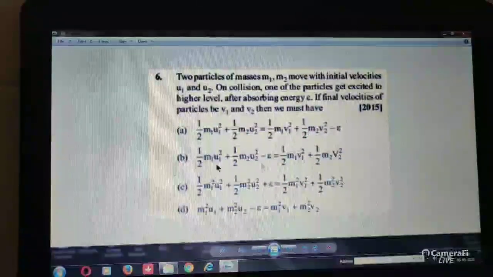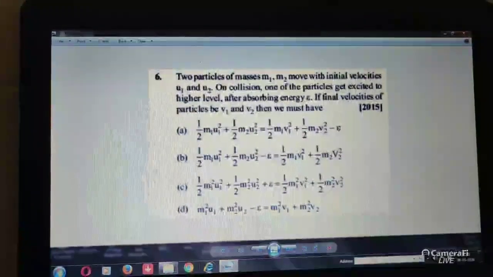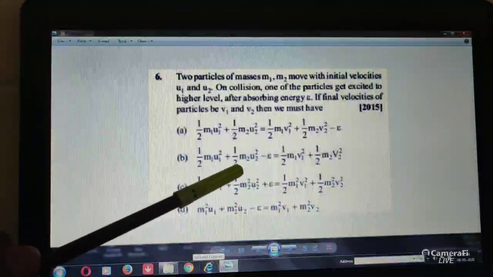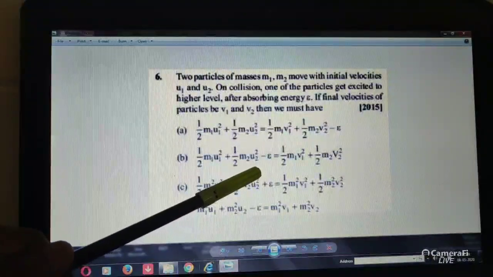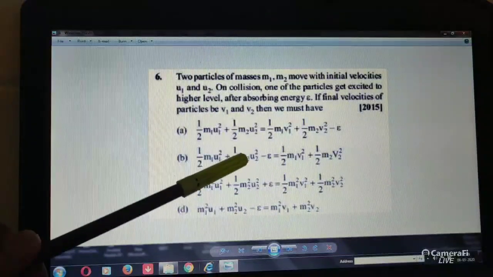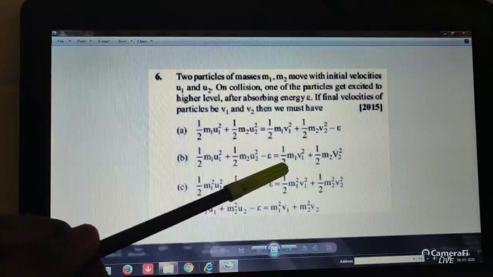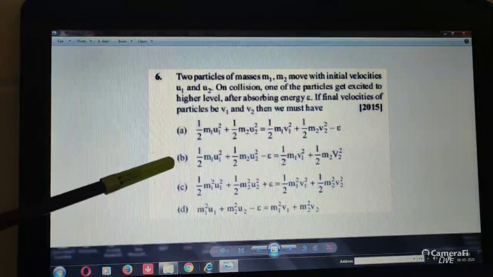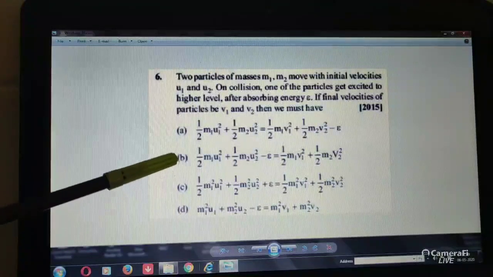See that, I derived the right side, and they gave the left side: half mu1 squared plus half mu2 squared minus epsilon. So this is kinetic energy initial minus epsilon, equal to kinetic energy final, that is half mv1 squared plus half mv2 squared. This is in option B. Okay, right.